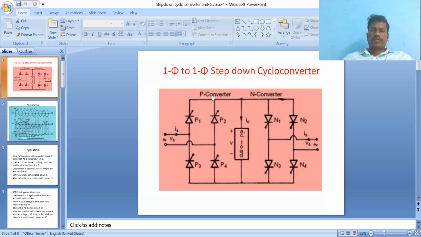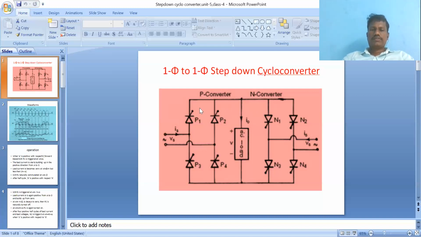Clear? The P converter consists of 4 thyristors in a bridge configuration, and the N converter also consists of 4 thyristors. These 4 thyristors are in the opposite connection, opposite directions. That is why the P converter and N converter are connected anti-parallel, not in the same direction. That circuit is not used for the cycloconverter.